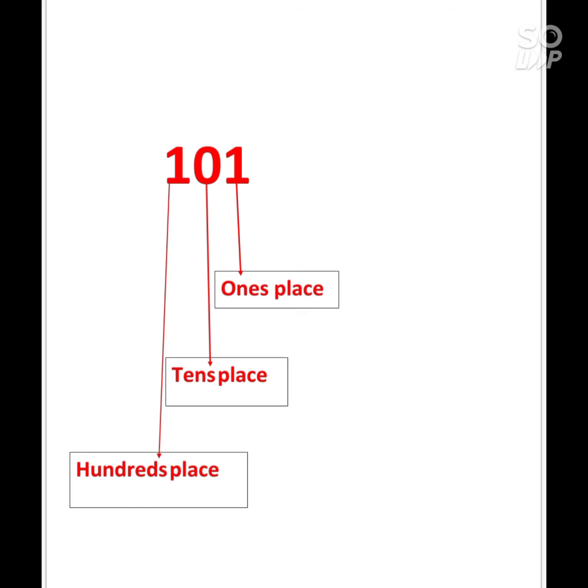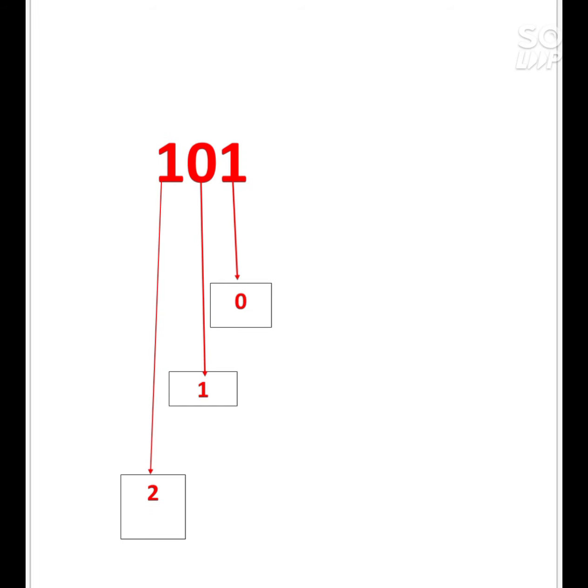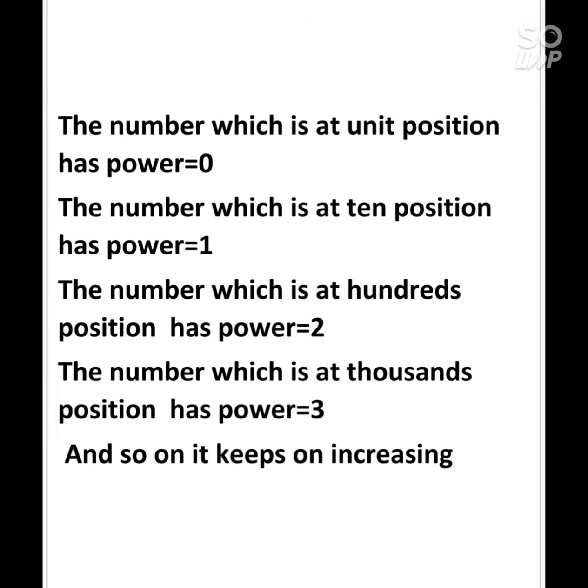So the number at the unit position will have power 0. The number at the tens position will have power 1. The number at the 100 position will have power 2. And the number at the thousands position will have power 3. So the power keeps on increasing as the position value increases.